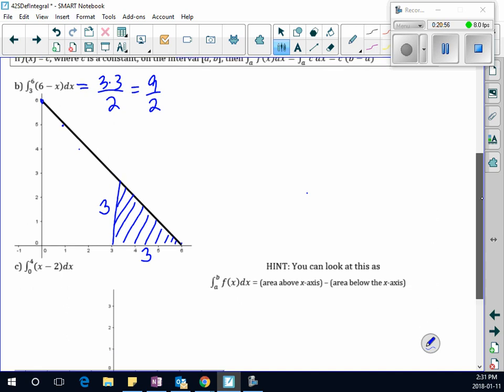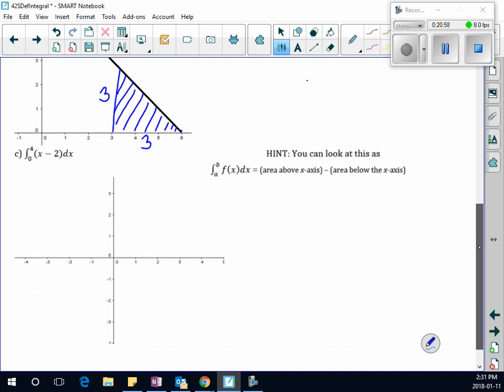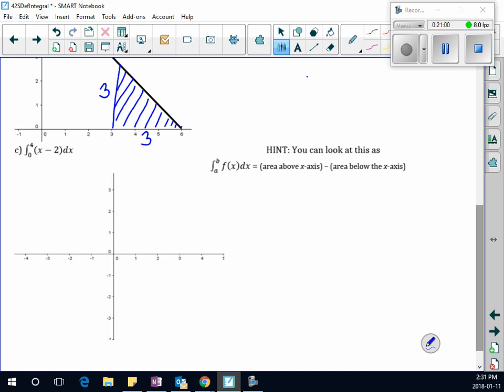All right. How about this one? You have from 0 to 4 of x minus 2. So this is a line that has a slope of 1, and it starts at -2, right? And then it's up 1 over 1.